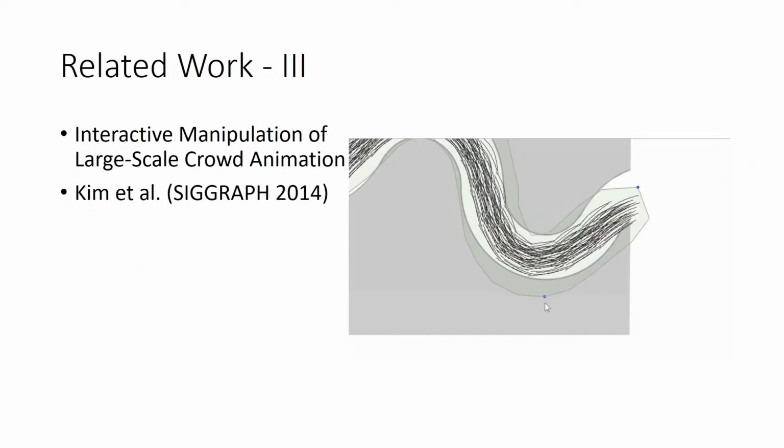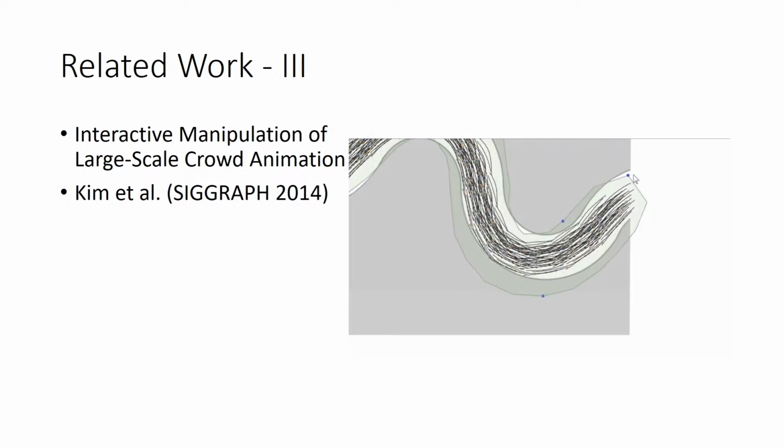In this work, they present an interactive cage-based manipulation method of existing trajectories so that you can create a new pathway and add some sort of collision-free trajectories in creating new scenarios.